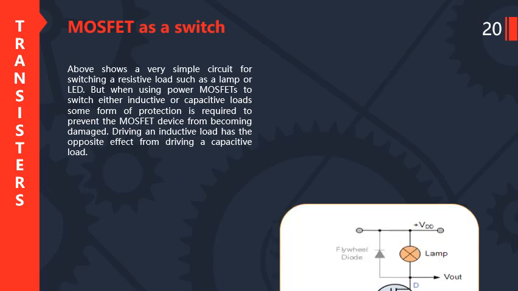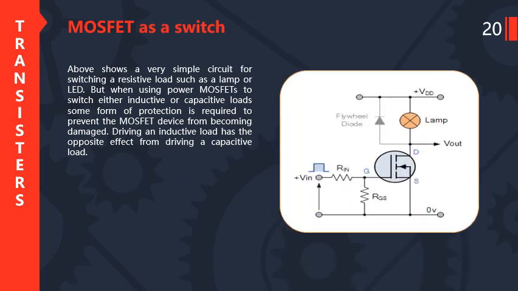Above is a very simple circuit for switching a resistive load such as a lamp or LED, but when using power MOSFETs to switch either an inductive or capacitive load, some form of protection is required to prevent the MOSFET device from becoming damaged. Driving an inductive load has the opposite effect from driving a capacitive load.